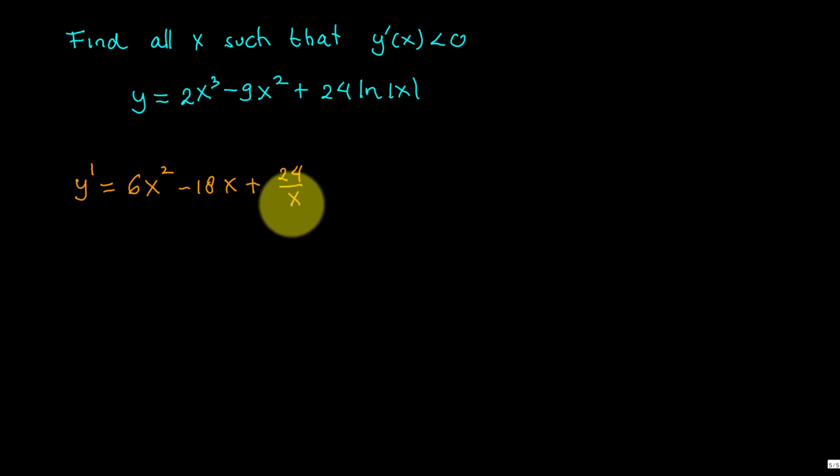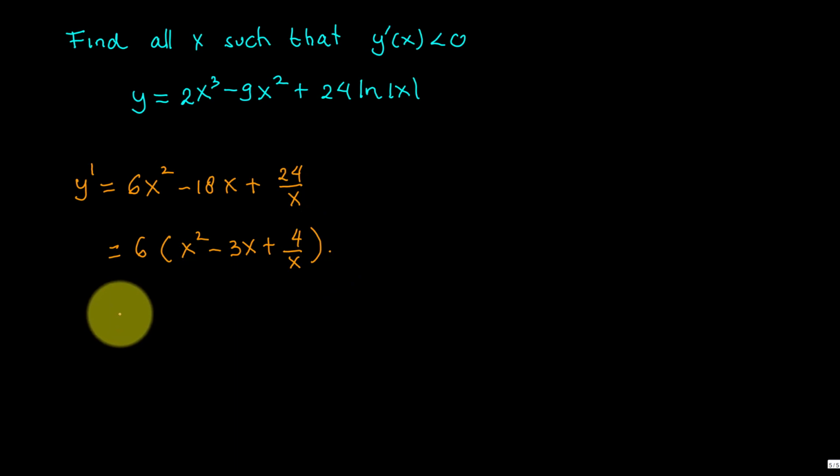The 6, negative 18, and 24 have a common factor, which is 6. So 6 times x squared minus 3x plus 4 over x.